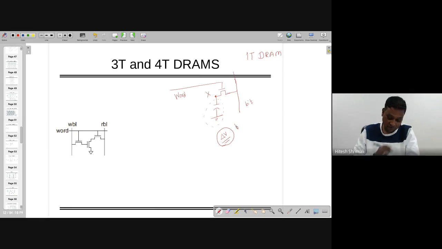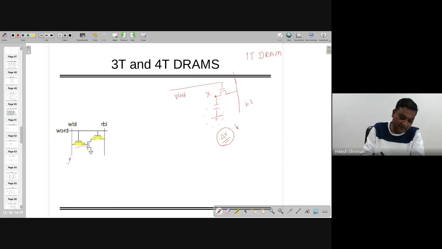But if there is a line where you have word line and WBL and RBL, one is the write bit line and one is the read bit line. So when you are writing, making this on, whatever you want to make it on, you can write on this capacitor logic 1 or logic 0, right?